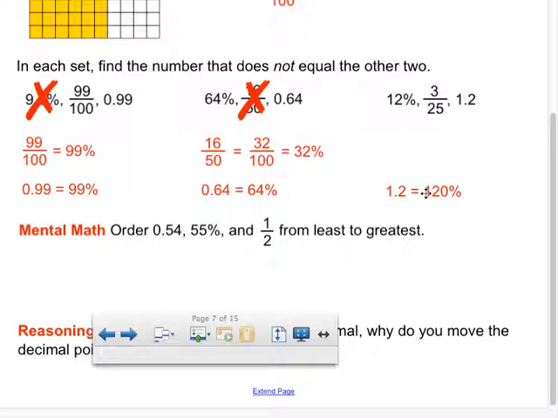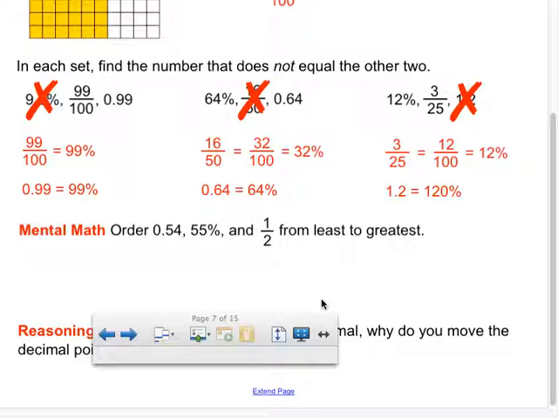It's 120%. And then this goes back to what we did yesterday. It's got 25 in the denominator. I need to make it a fraction where the denominator is 100. And I already hear some of you saying 4. So what's my numerator going to be? 12. So what's the percentage going to be? 12%. Very good. So 12%. This is also 12%. This is not 12%. That's 120%. Just like Jakari said, correct.